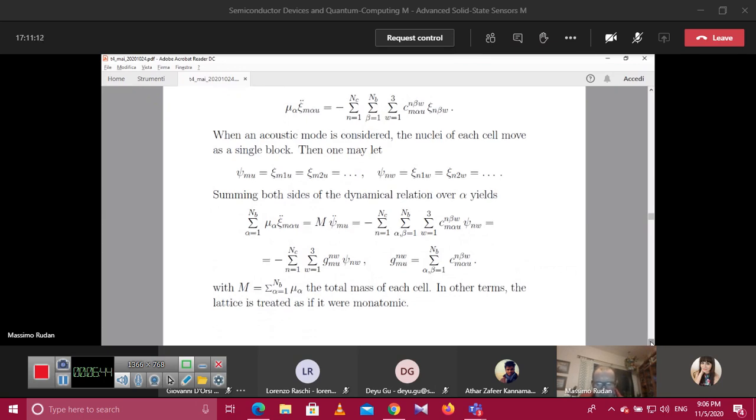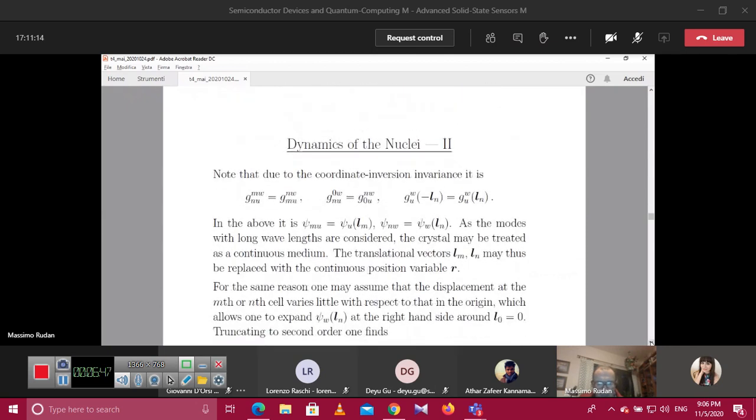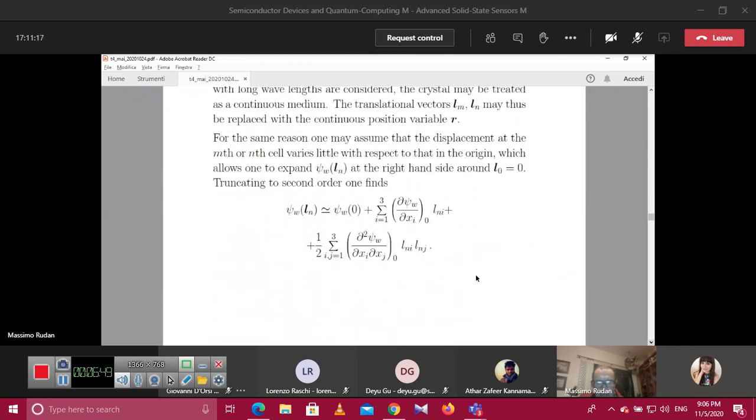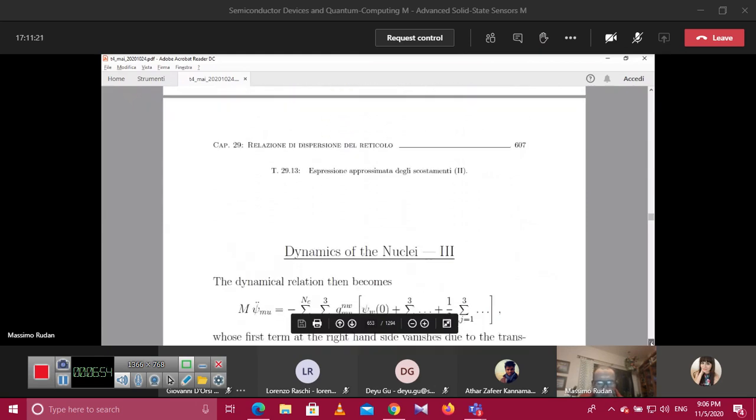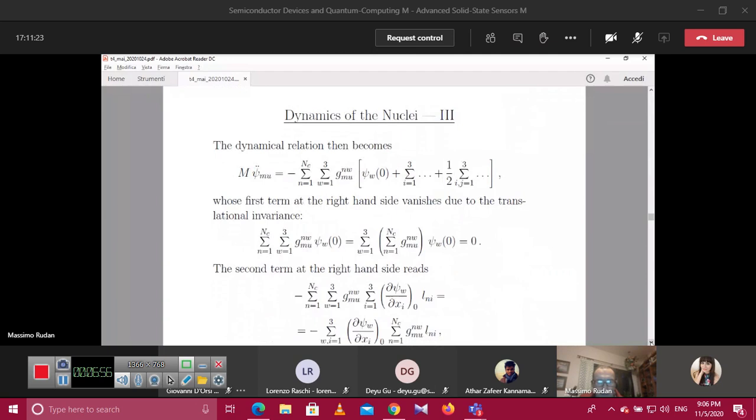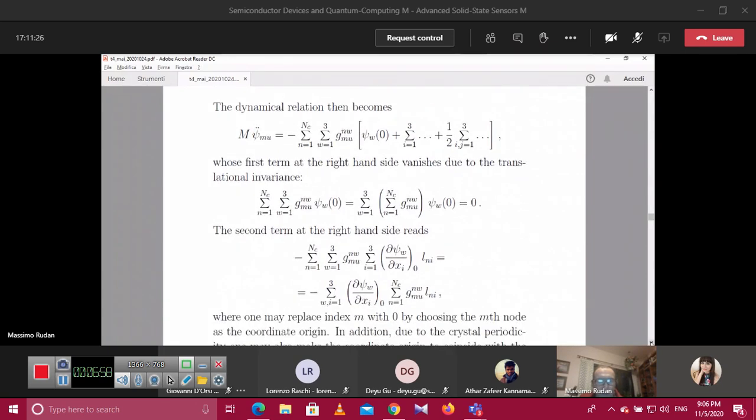So in this way, we introduce another simplification. So we take this expansion and put it into the relation that expresses the dynamics of the cell, okay? So again, we have the total mass of the cell times the second derivative of the displacement is equal to minus the sum of these coefficients, and then in the square brackets, we see the second order expansion.